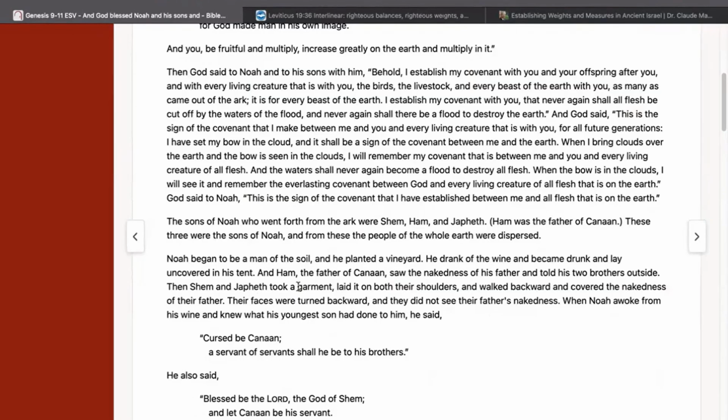Then Shem and Japheth took a garment, laid it on both their shoulders, and walked backward and covered the nakedness of their father. Their faces were turned backward, and they did not see their father's nakedness. When Noah awoke from his wine and knew what his youngest son had done to him, he said, "Cursed be Canaan, a servant of servants shall he be to his brothers."